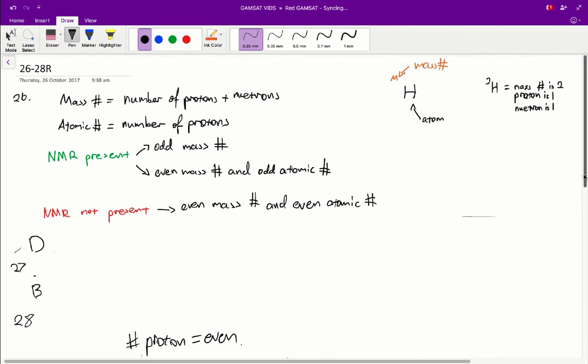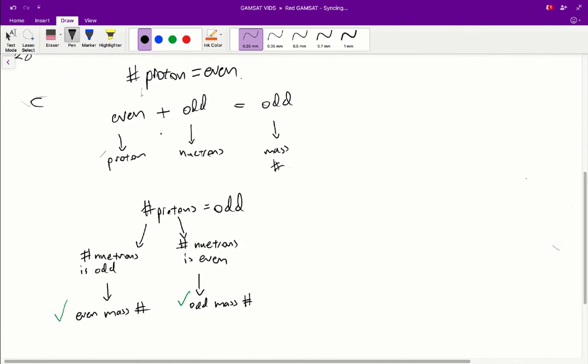And the only way for us to get an odd mass number is for the number of neutrons to be odd, because if we have an even number of protons and we add that to an odd number of neutrons, then we will always get an odd number at the end, which is the mass number. So an even plus an odd equals odd. Therefore, C is the correct answer, that the number of neutrons has to be odd if the number of protons is even.